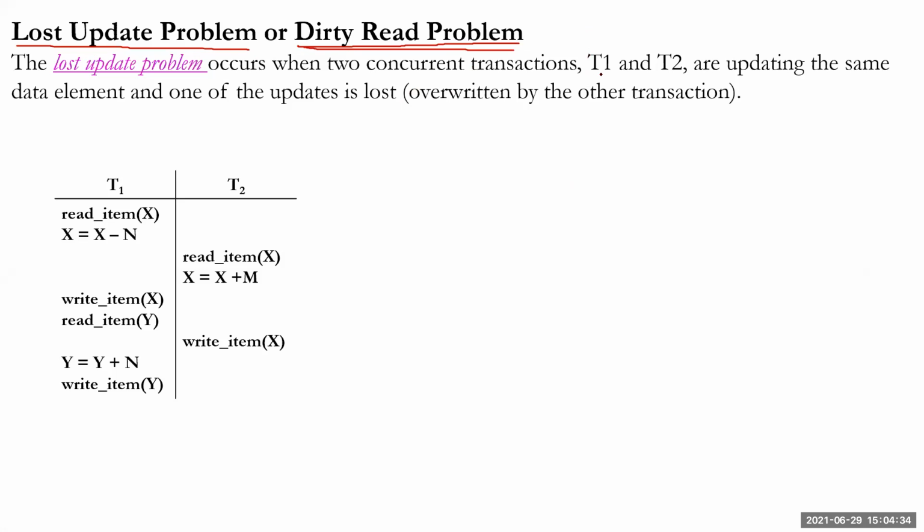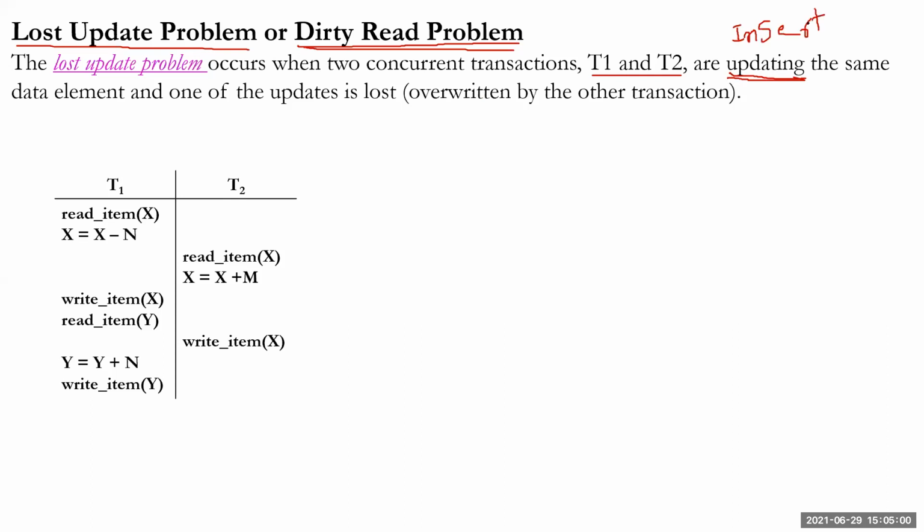Two transactions T1 and T2 are updating. Most of the programs written by any software engineer in real time do only one operation, that is updation. Very few situations involve insertion.